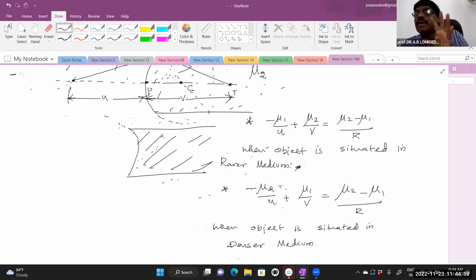This governing formula can be applied for both convex and concave refracting surfaces. Note that point.